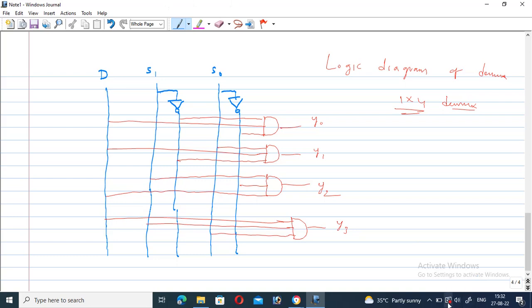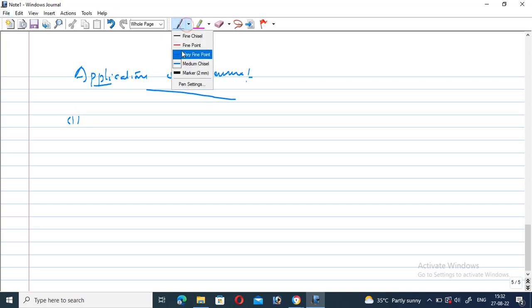See the applications of Demux. Wherever we are using the applications of Demux, obviously Demux need is there.